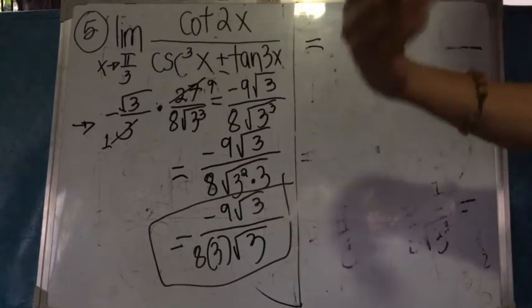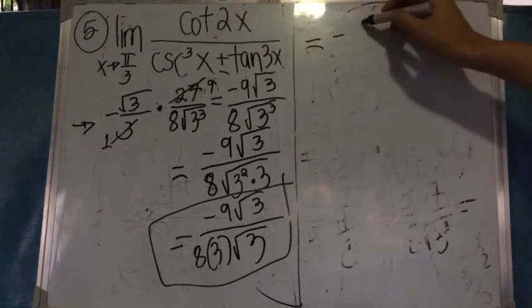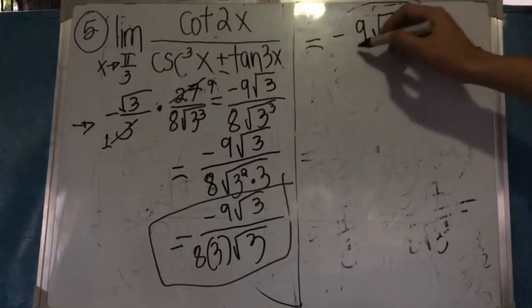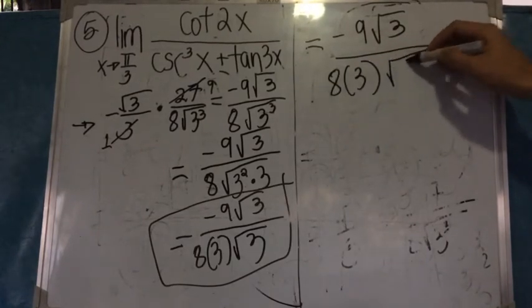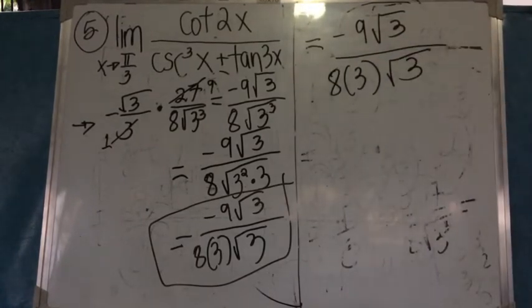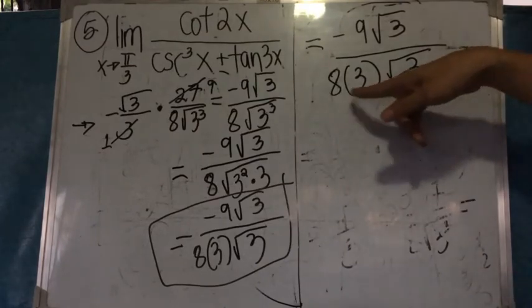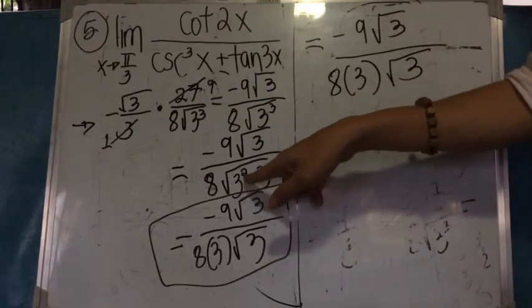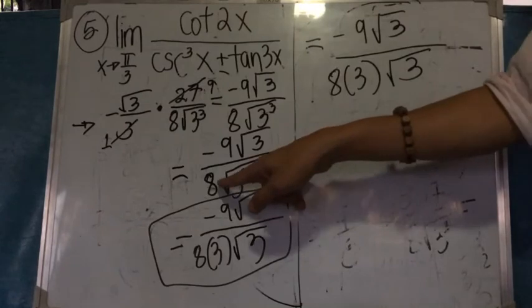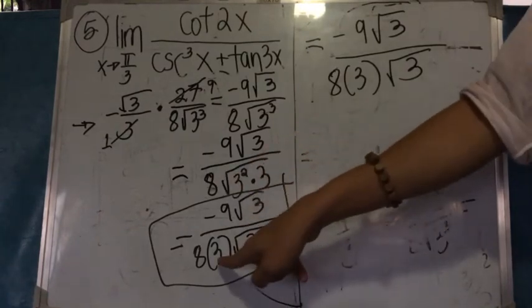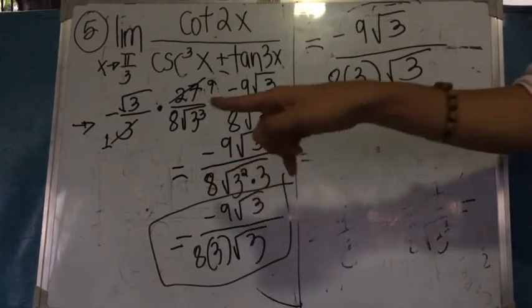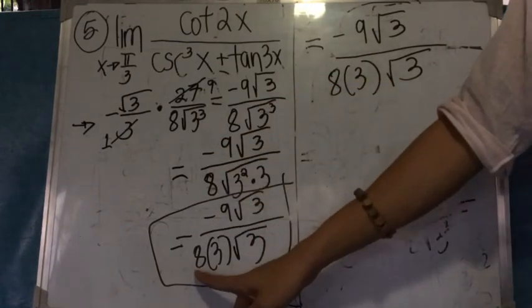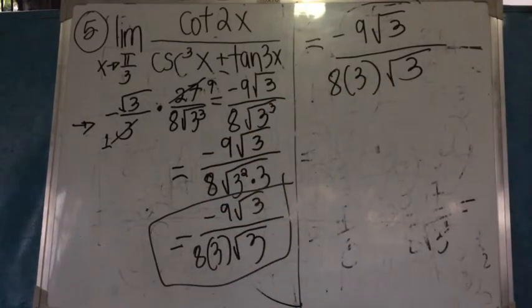Our new form now is negative 9 square root of 3 over 8 times 3 square root of 3. Again, why did it become like this? 3 squared is 9. What is the square root of 9? That is 3. So every time you find the root of any number, you have to multiply it by any number outside the radical sign.